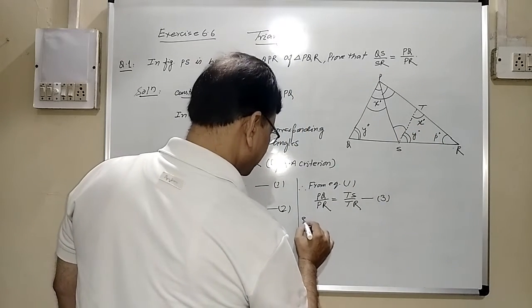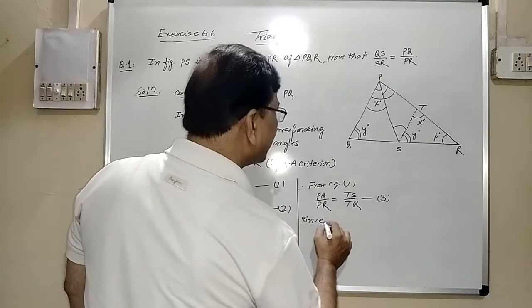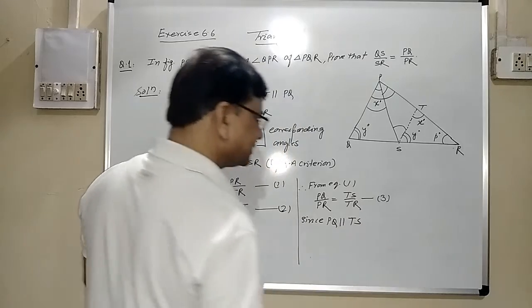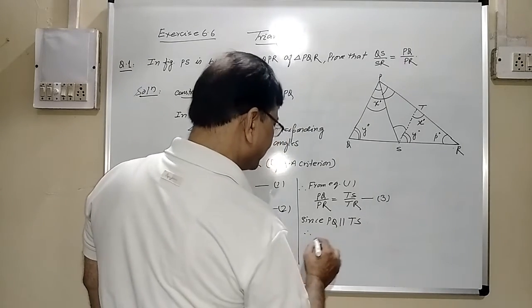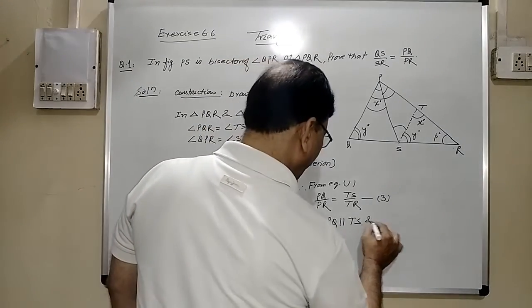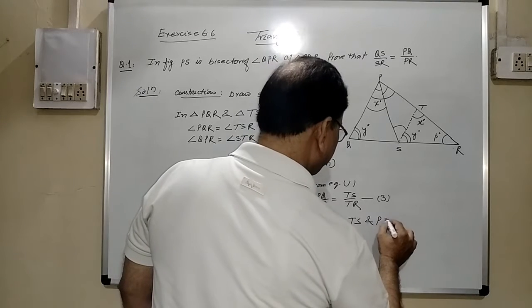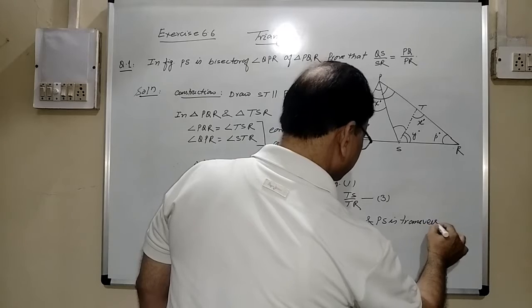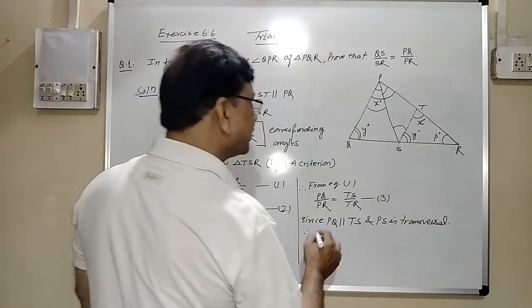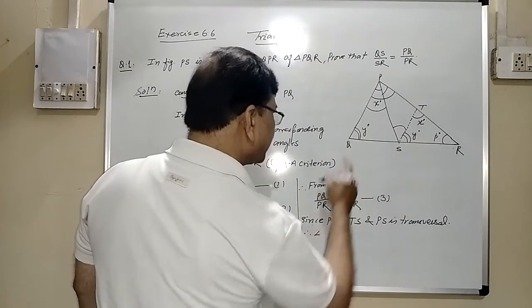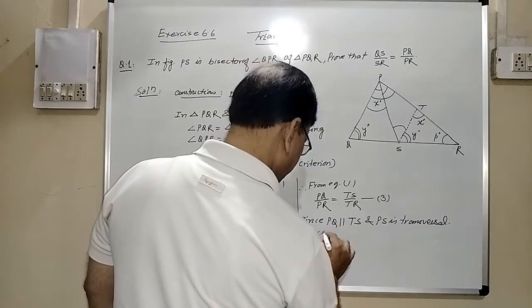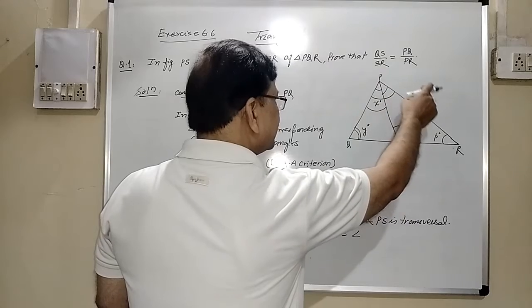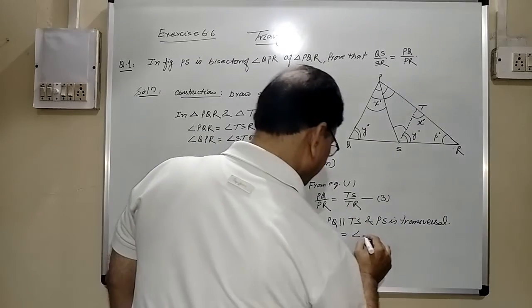Since PQ is parallel to TS, and PS is transversal, therefore angle QPS is equal to angle TSP.